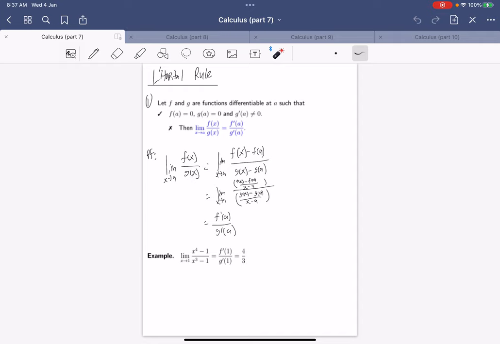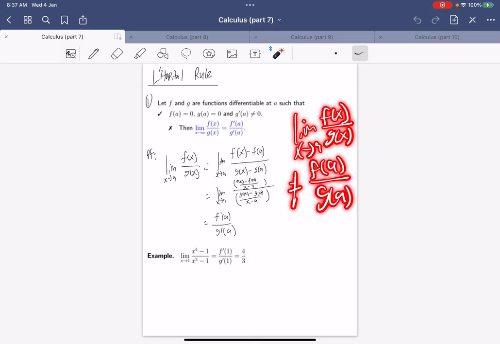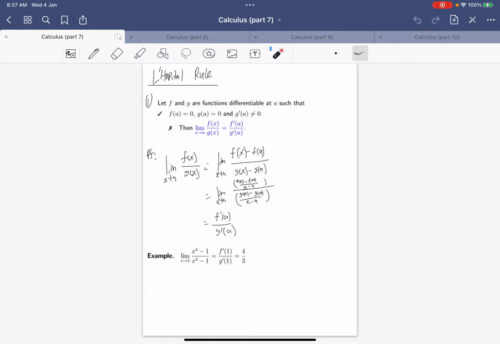So we know that this does not equal f of a over g of a, because this becomes a new function, and at that point f a over g a equals something like 0 over 0. And so there is a way of solving this type of limit.